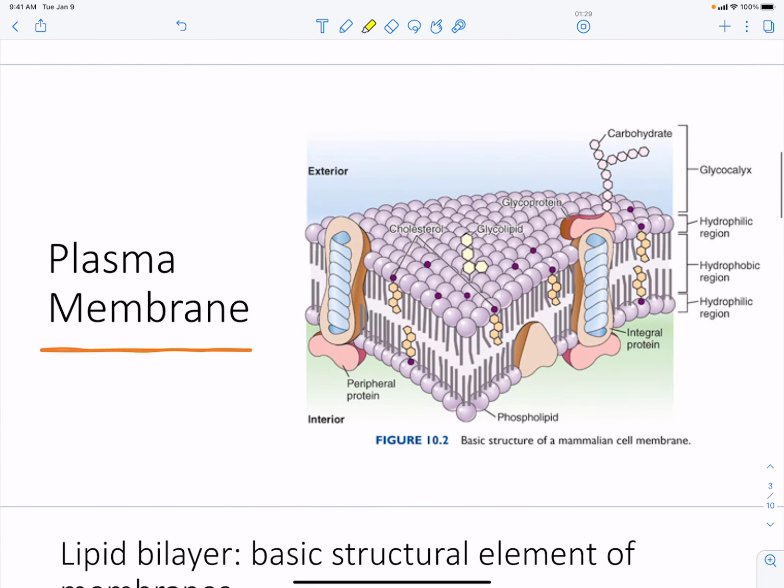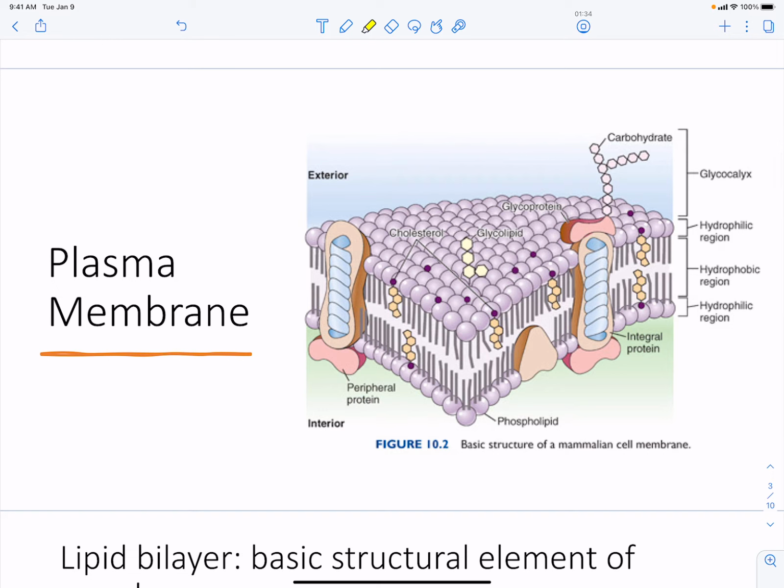Now, an important part of the cell is, in fact, the cell membrane, the plasma cell membrane. And some things to keep in mind within the cell also, which some people have trouble or confusion with, is we're going to talk about the cytoplasm, or we're going to talk about the cytosol.